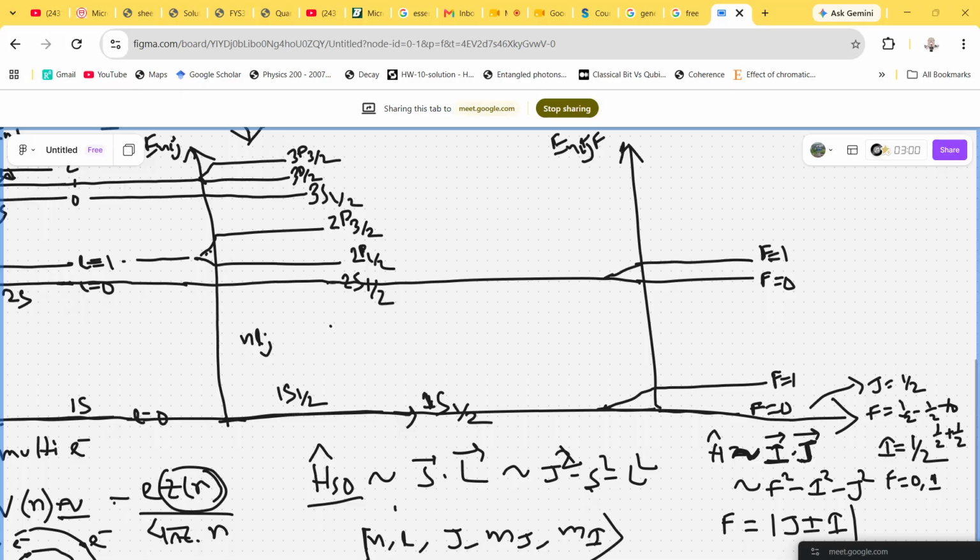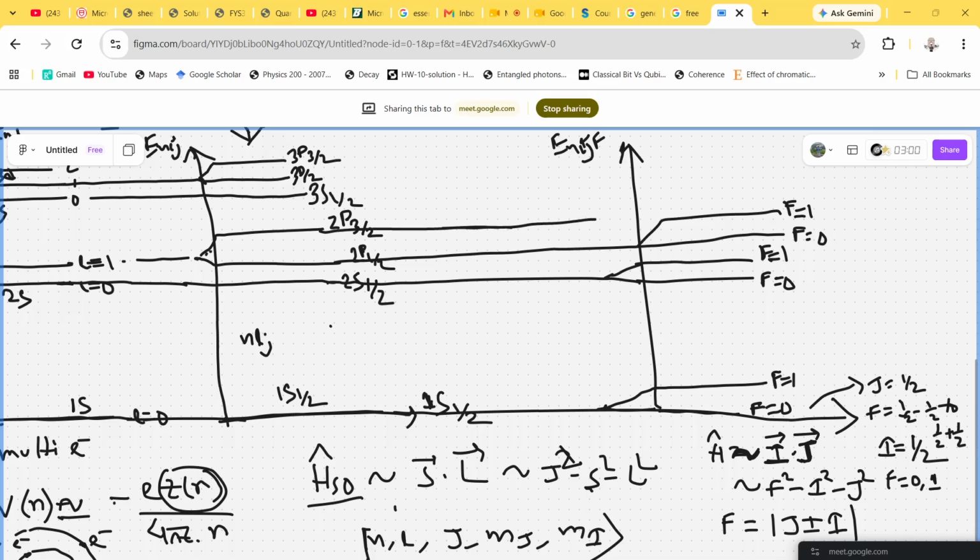And the 2p half level, what will happen to it? J equals half, I equals half, so it will also break into two parts, F equals 0 and F equals 1.